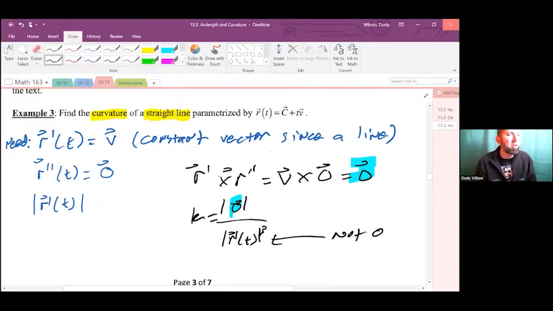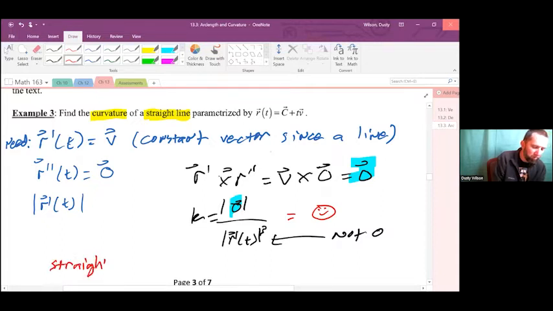And certainly the magnitude of 0 divided by the magnitude of not 0 is a very happy 0. So just like we would expect, we showed that a straight line has curvature 0.